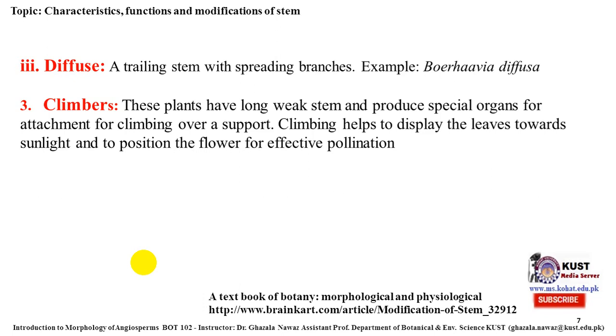To climb upon a support or another plant, they need special organs, and these organs help them in climbing, also help them display leaves towards the sunlight and position the flower for effective pollination. So these are the different functions that the climbers perform.